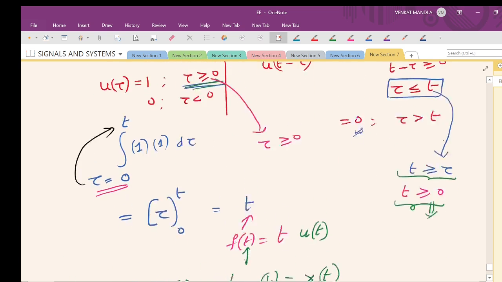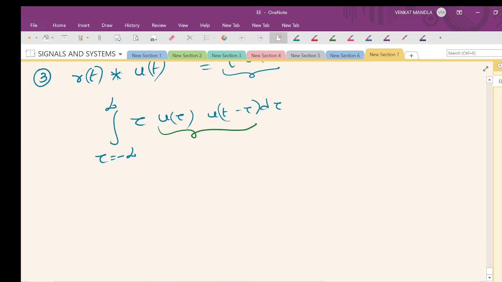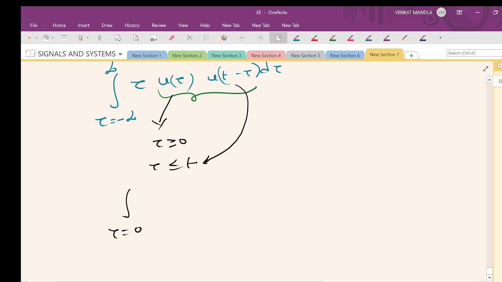So it came from this equation only. U of tau into u of t minus tau. Then tau should be greater than or equal to 0 and tau should be less than or equal to t. From this equation. So tau equal to 0 to t, and t also greater than or equal to 0. You can clearly see from this.